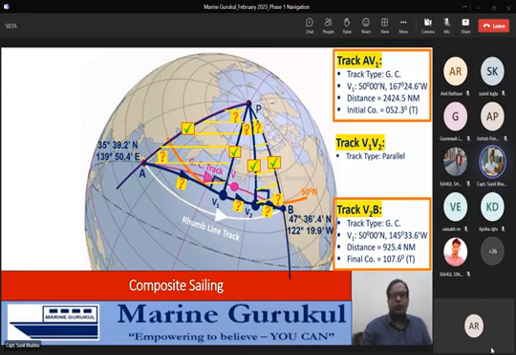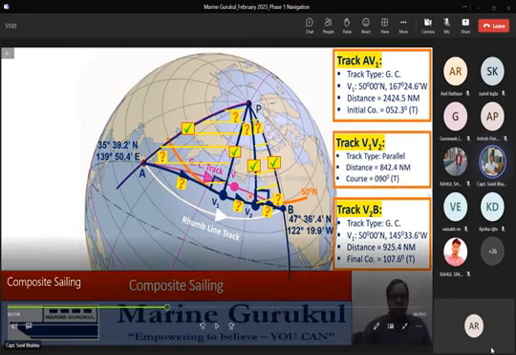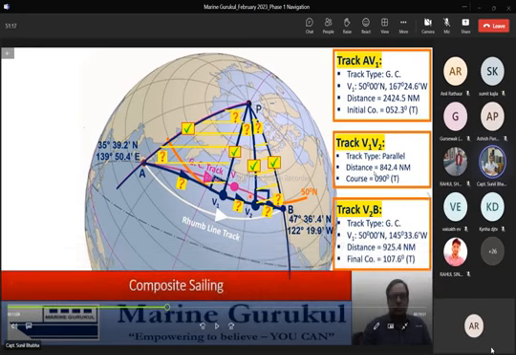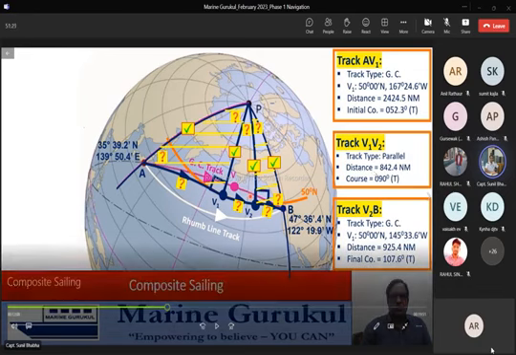Now, knowing the D long between V1 and V2 and knowing the latitude along which parallel sailing is being executed, we can calculate the distance V1 V2 by the parallel sailing formula. So we have calculated the distance Victor 1 Victor 2 using the parallel sailing formula. Departure is equal to D long into cos of M lat, or in this case cos of limiting lat.